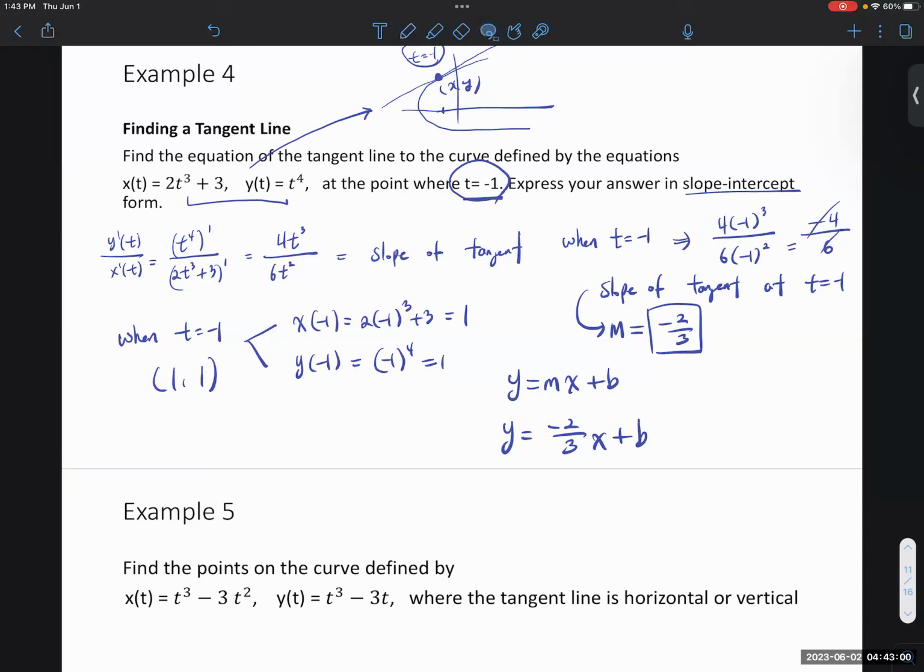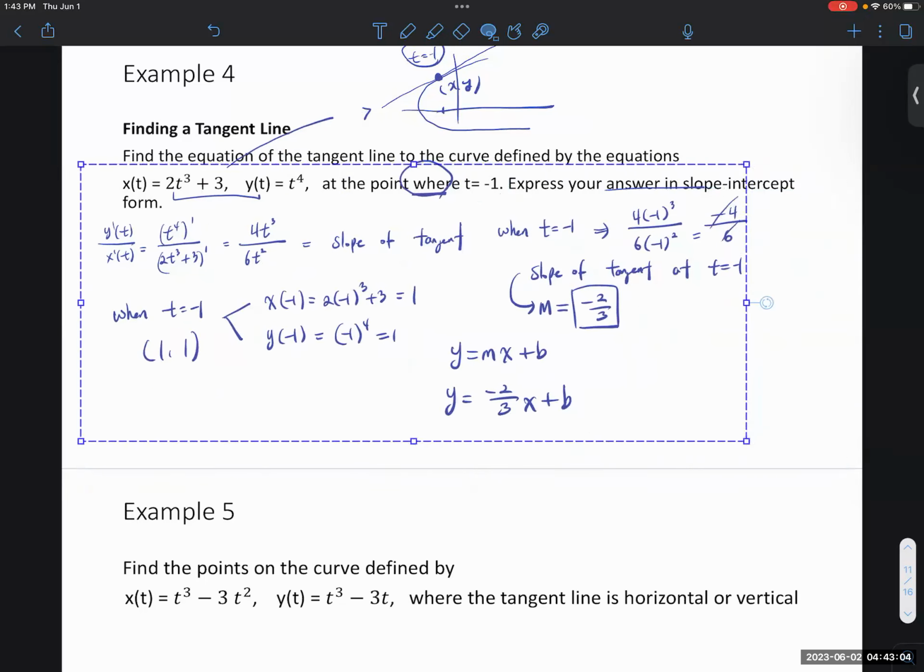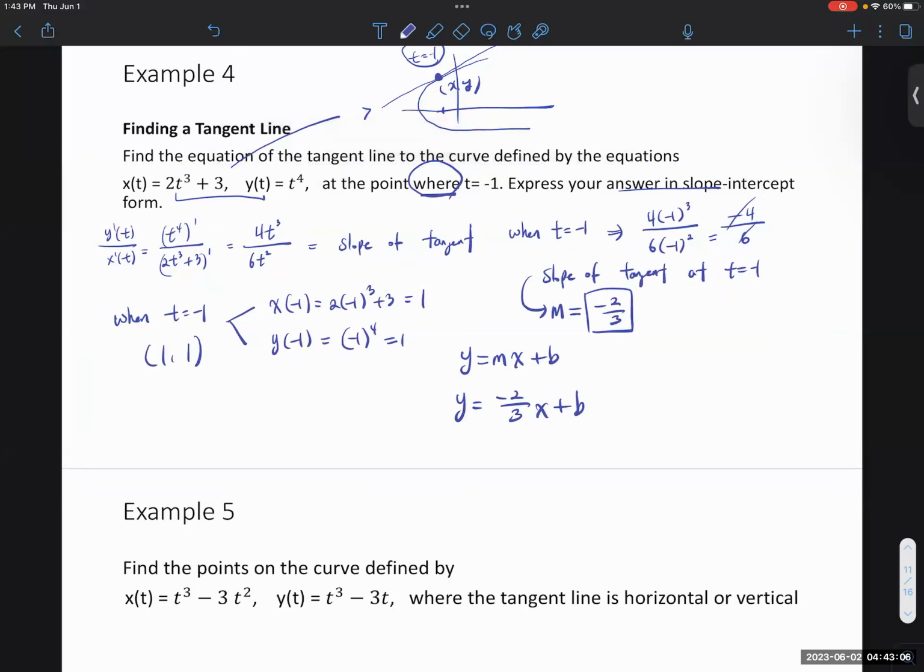Let's find out. Oh, I need a little bit of space. So you plug in 1 and 1. 1 equals -2/3 plus b. b will be 5/3, so you add 2/3 to both sides.